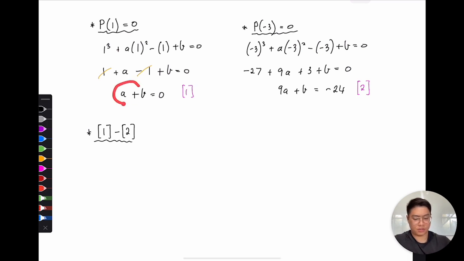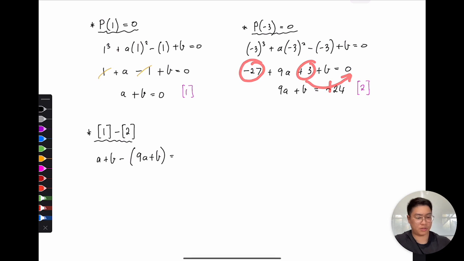The first thing we're going to do is deal with our left-hand side. So we're subtracting the 9a from this first equation here. So a plus b minus, and I'm going to put this in a bracket here because there are two terms that we are subtracting. Oh sorry, I did say that this was negative 24, but when we bring it to the other side, it becomes a positive 24.